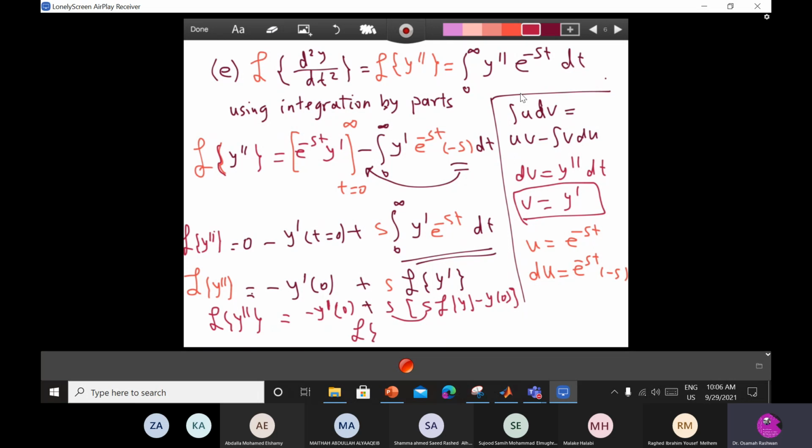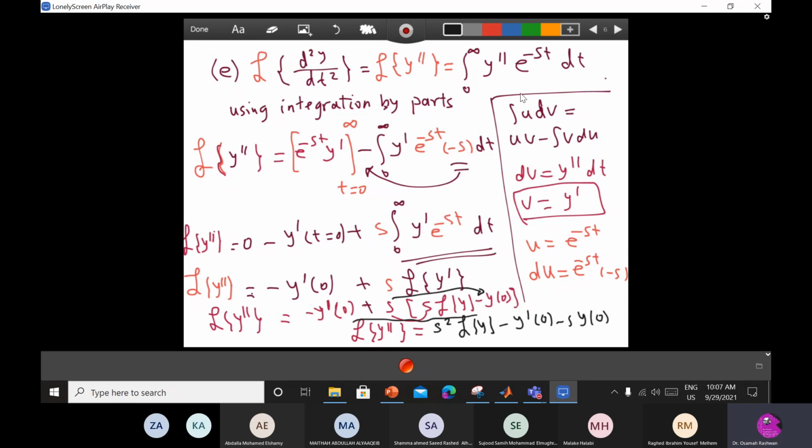So Laplace for y double dash will equal S squared Laplace of y minus y dash of 0, and remember this s also will be multiplied by, so minus s y at 0.